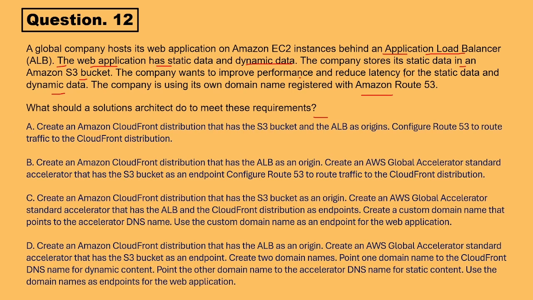Go through all these options, understand the scenario, and then try to answer. I'm just giving you a hint. Data is static as well as dynamic. The answer will come from there only.